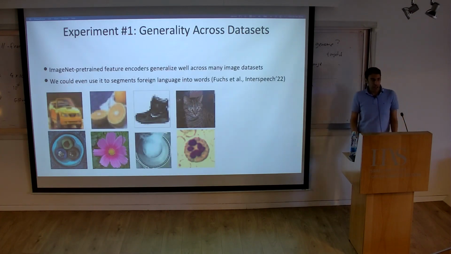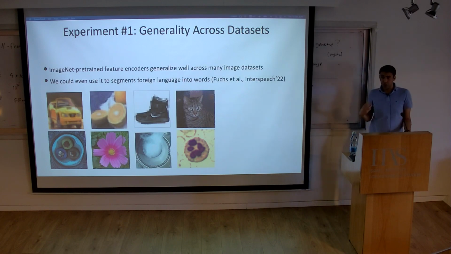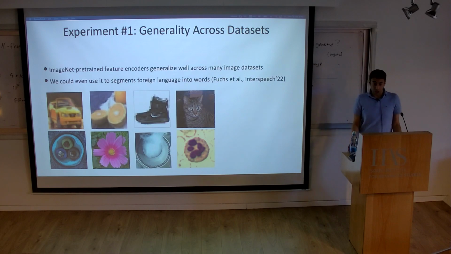Now one question that is often asked is, does this actually generalize across data sets? At the end of the day, the ImageNet data set is a very specific data set looking at very specific types of objects. Is this going to generalize to my images? That's a good question, and we wanted to try that ourselves.